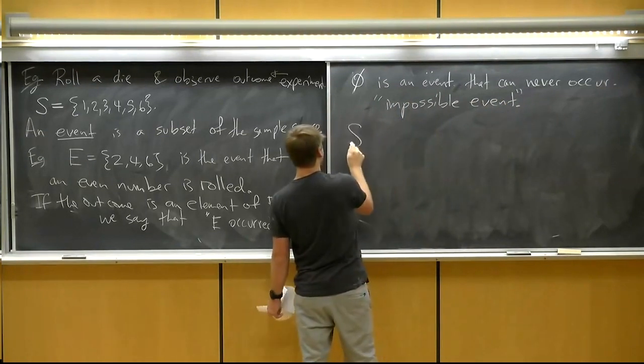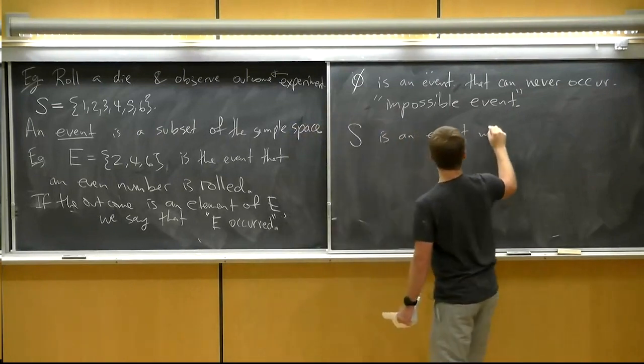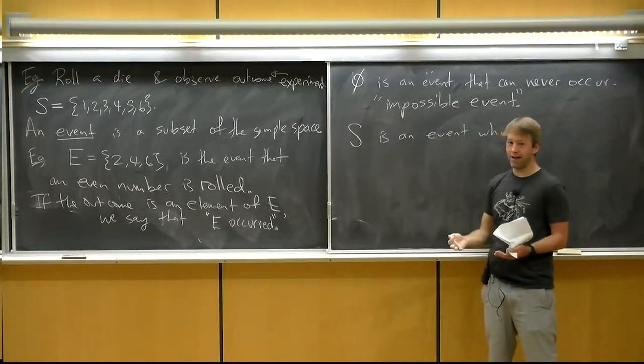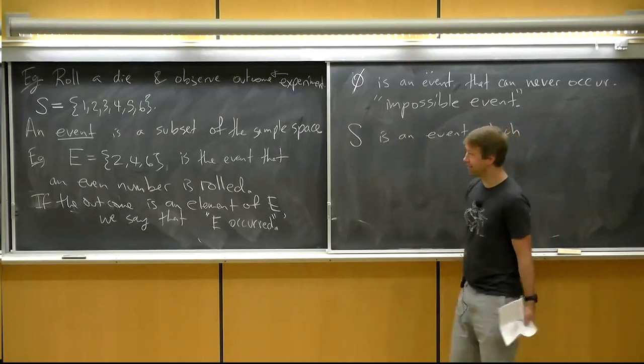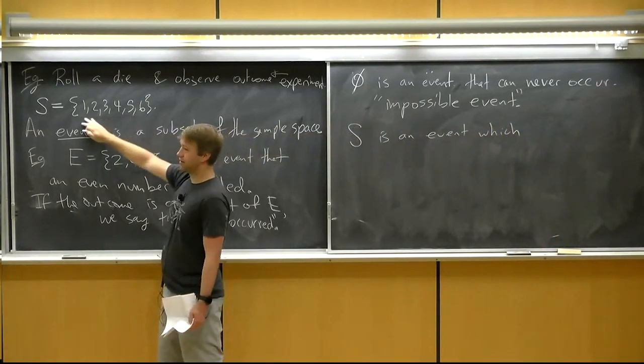And also, the set S itself, the sample space, is also an event. But this is a bit different because the event S always occurs, right? If you think about it, if I roll a die, one of these things always happens.